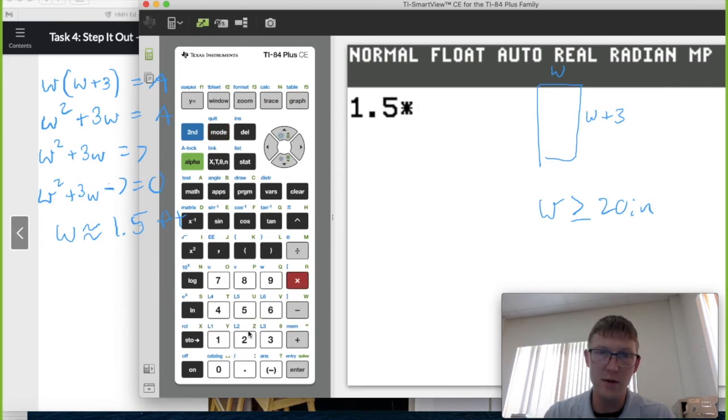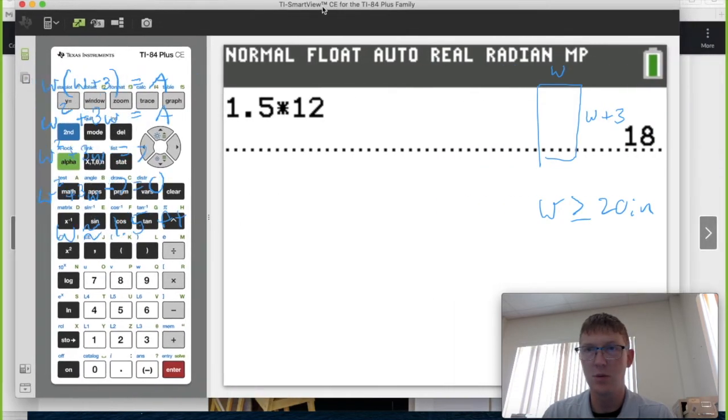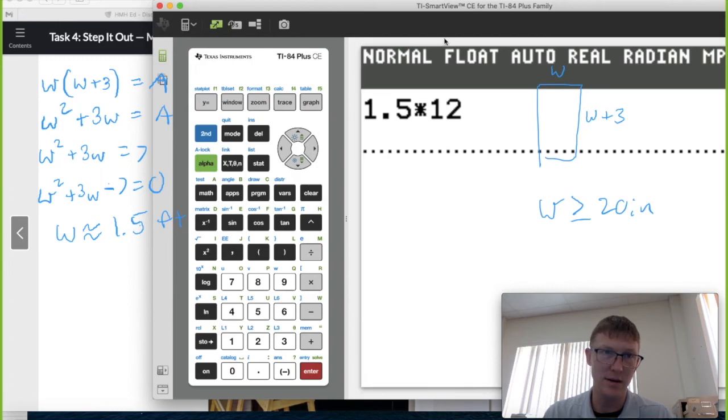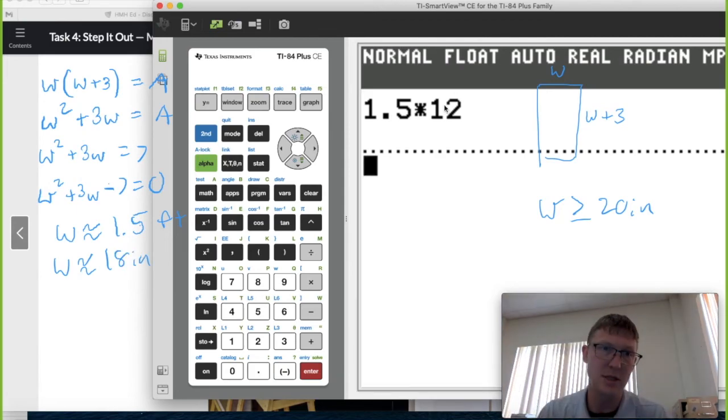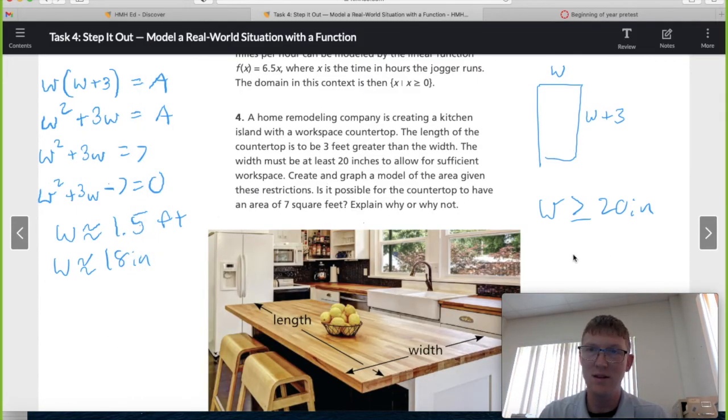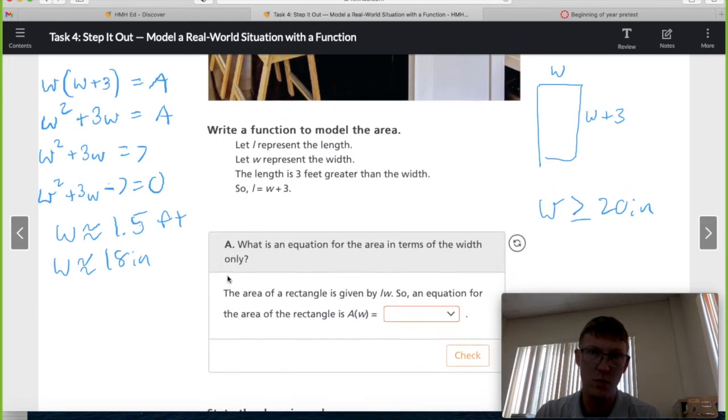There are 12 inches per foot. What number do we get? 18. So W is approximately equal to 18 inches. Notice that is not within our domain. So no, it is not possible based on these constraints.